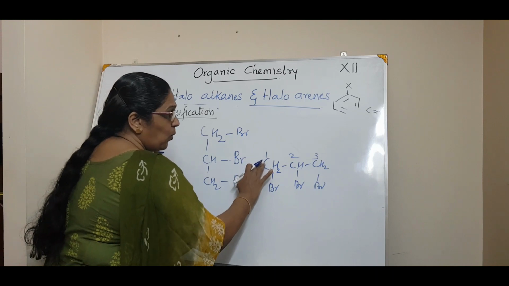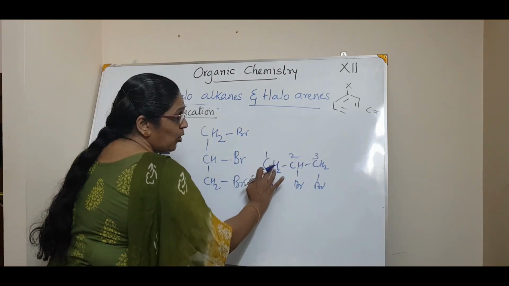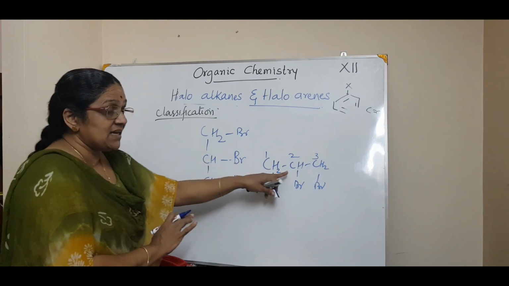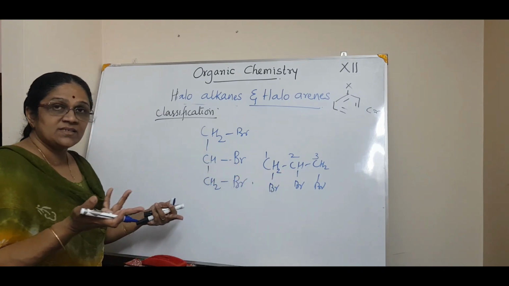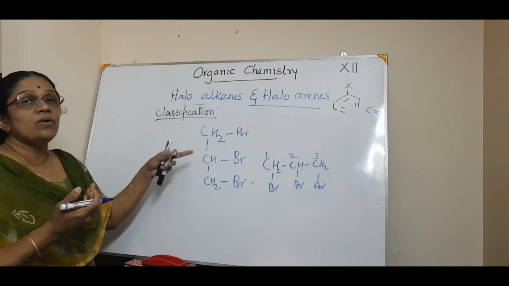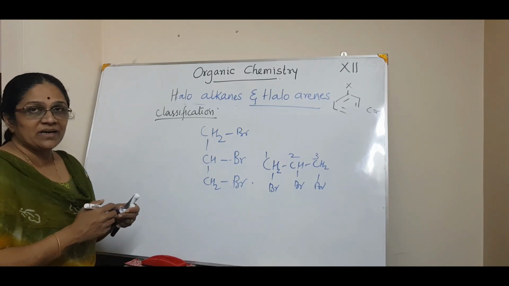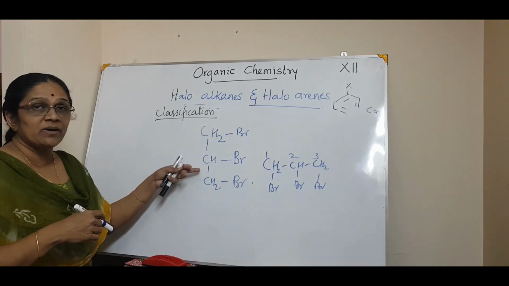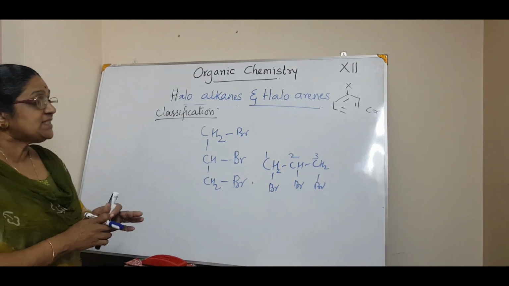So you say 1,2,3-tribromo. There are 3 carbon atoms and it is an alkane, so it is propane. Simple. That is how the IUPAC nomenclature goes; you will see the nomenclature later. So this is the classification.